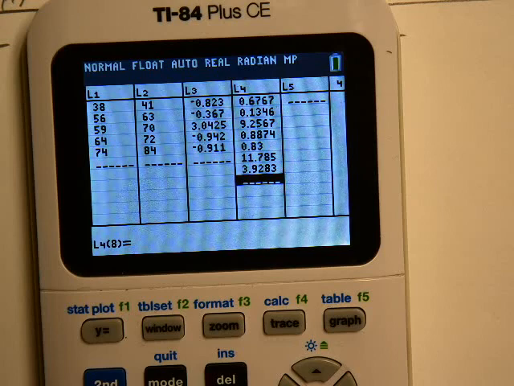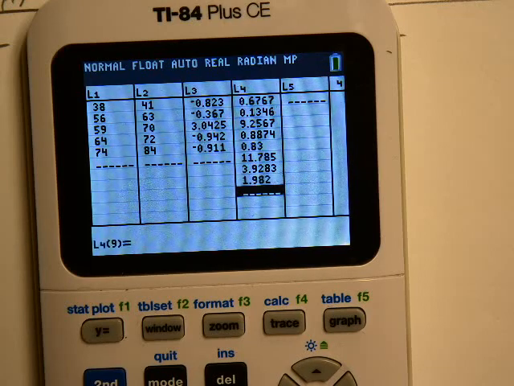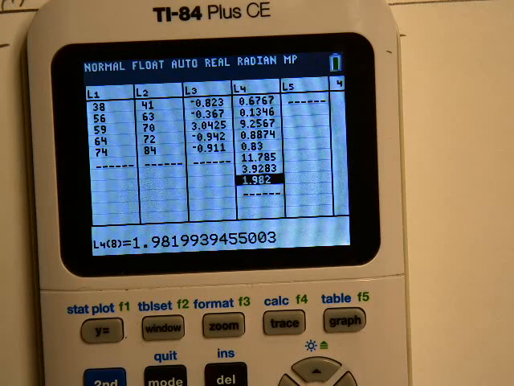And then I need to take the square root of that answer. So in the next box below, I'm going to take the square root of 3.9283. This would be our standard deviation of the residuals.